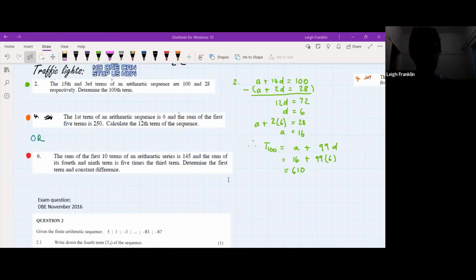Is there anybody who's done with either question 4 or question 6?